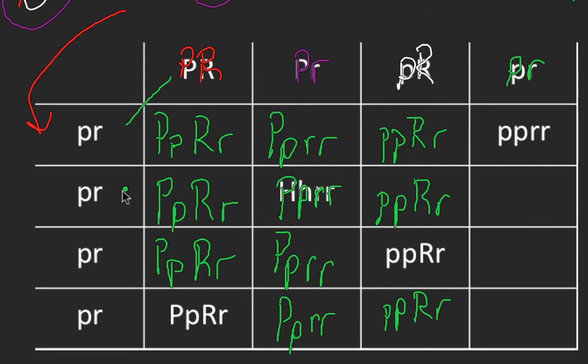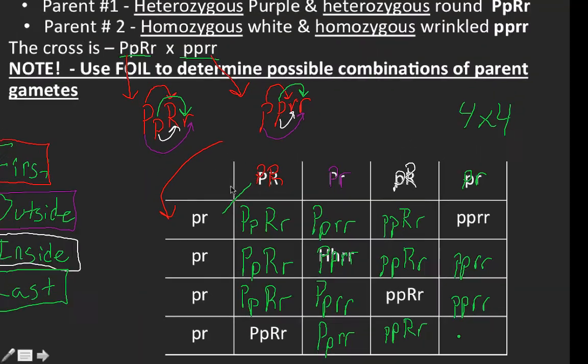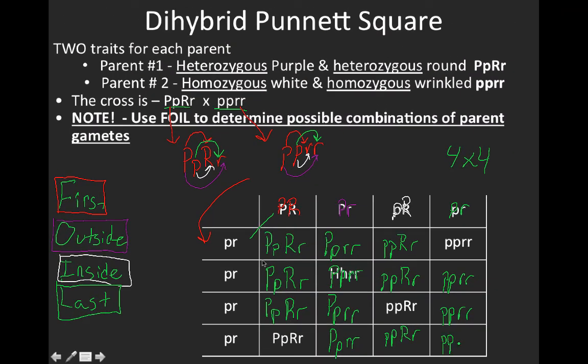This is unique because all of these alleles are the same, so they're homozygous recessive for both traits. That's why each column is identical. And the last column here, a little p and a little p and a little r and a little r. So we got all that. And again, this is going to be the same all the way down. All right, so there's our dihybrid cross.